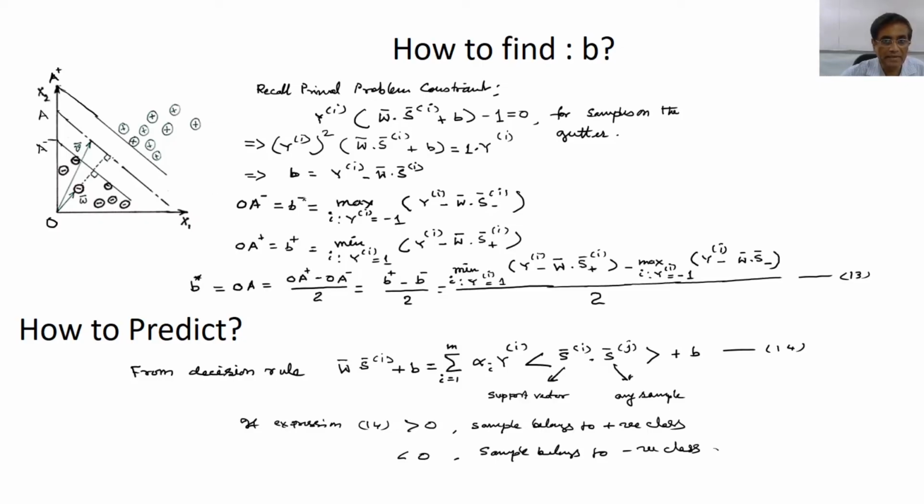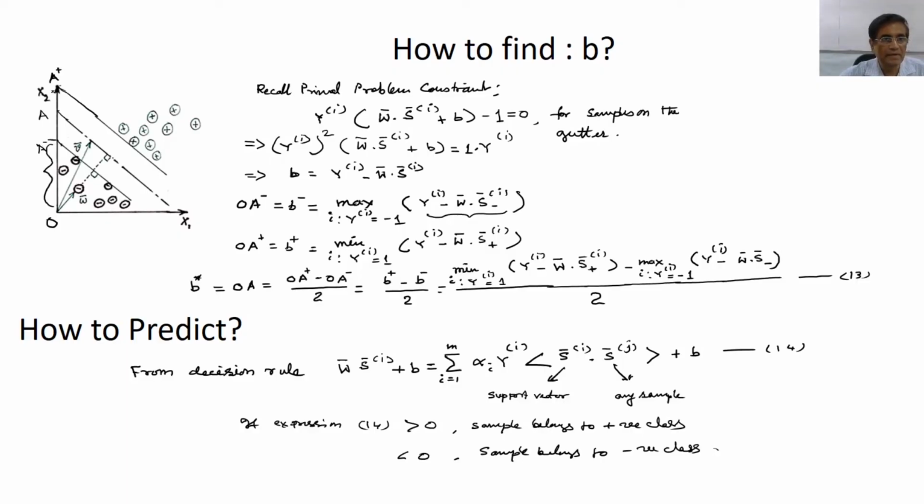We are calling it B minus, which will be the maximum over the worst case samples, because only worst case samples will be on this gutter, and they are the support vectors, like this and this. So the maximum over i with yi equals −1. I need to compute this. Is it clear? And then I will get this.